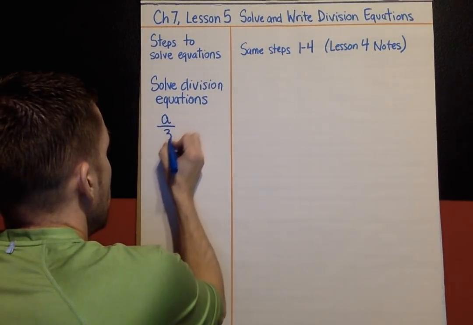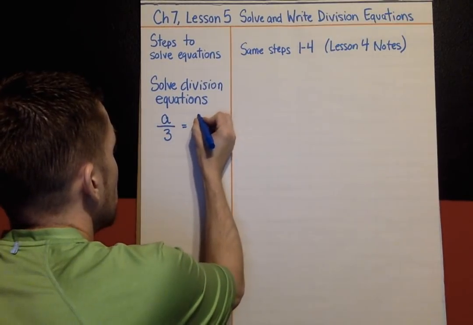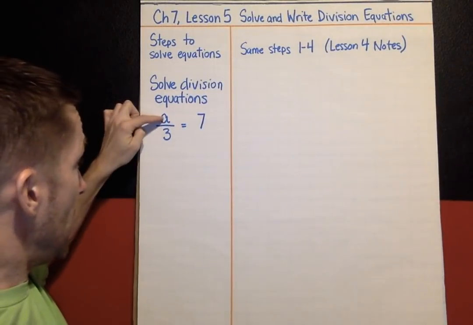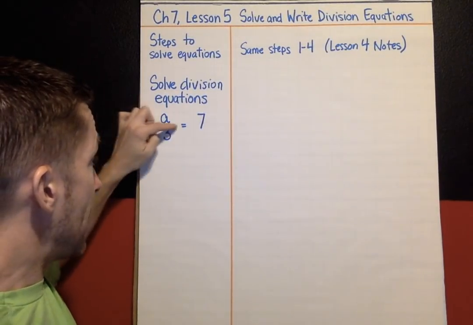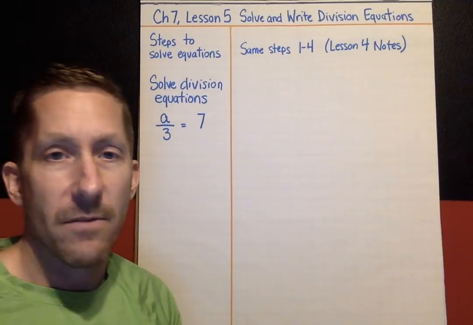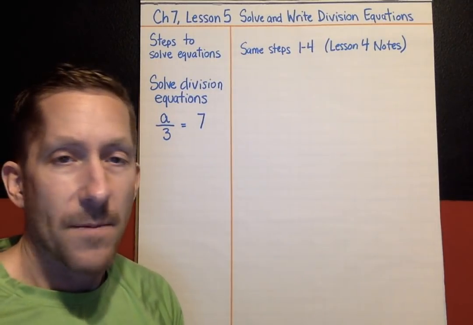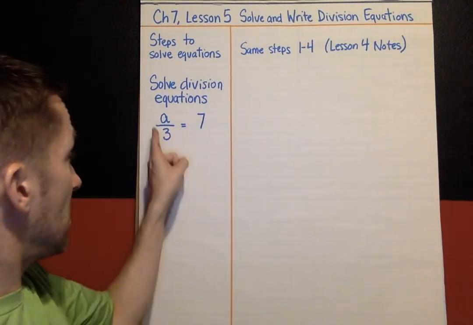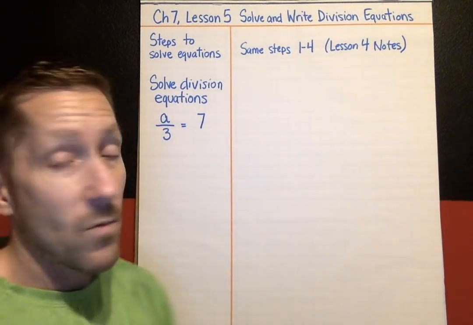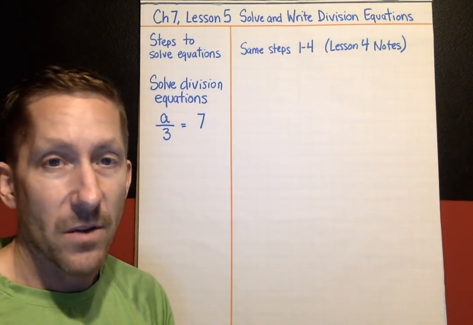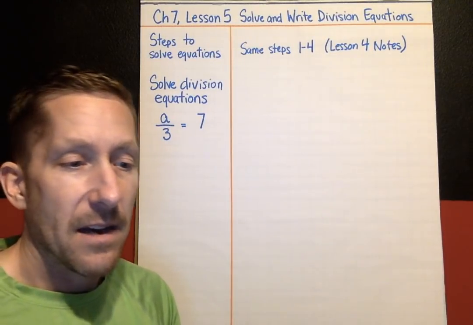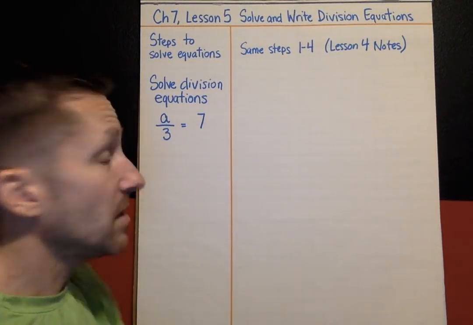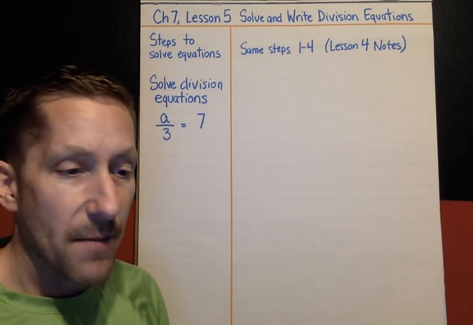A over 3 equals 7. This line right here, A over 3, that line means divide. We've talked about different ways of showing division. As you move on in math, this is the most common way that you're going to see division going forward, is just a line. All right, so let's walk through this equation following our steps.